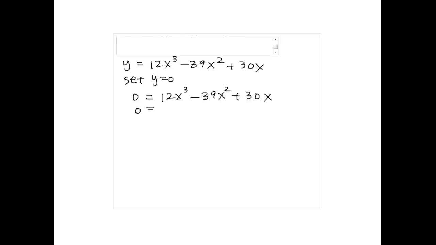First, we factor out 3x, which is the GCF of all three terms, to get 4x squared minus 13x plus 10. By x chart, we have 40 on top and negative 13 on the bottom.